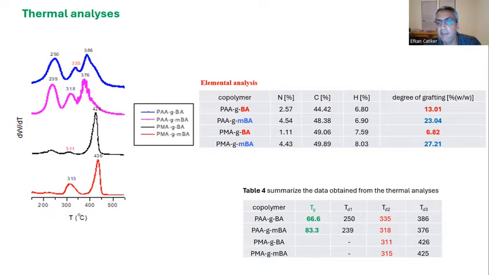You know, after grafting, this type of copolymers experience lower glass transition temperature because of free volume increase.